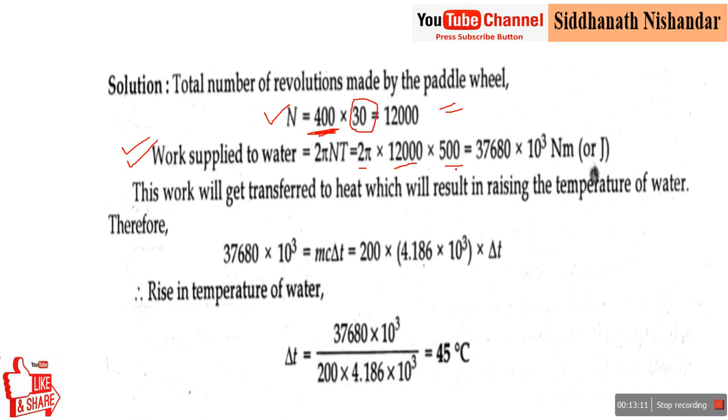If we solve, we get around 37,680 times 10 raised to 3 Newton meter, and 1 Newton meter is equal to 1 Joule.